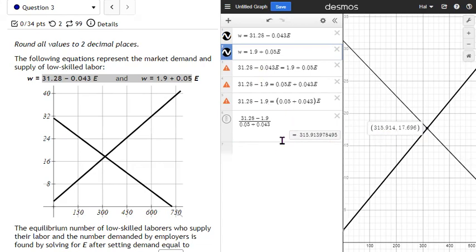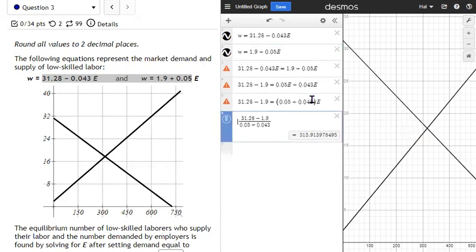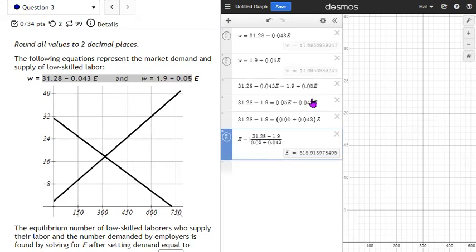315.914. So I can solve it for E. E equals 315.914. Now, when I define E to be equal to this ratio of sums, notice what happens.